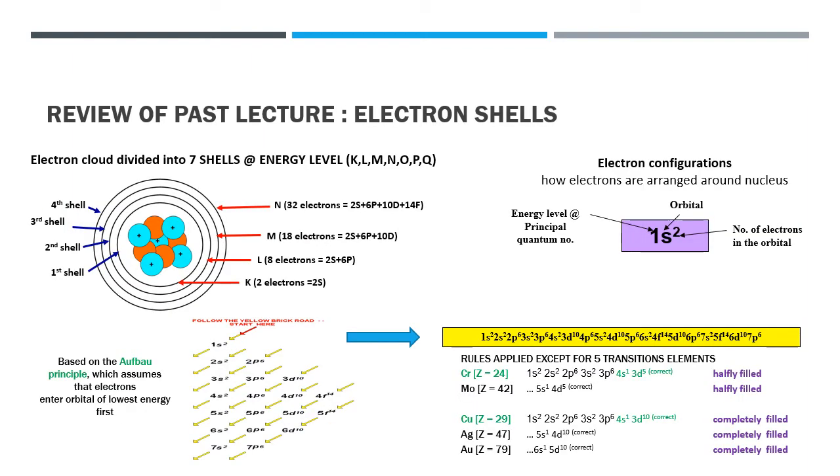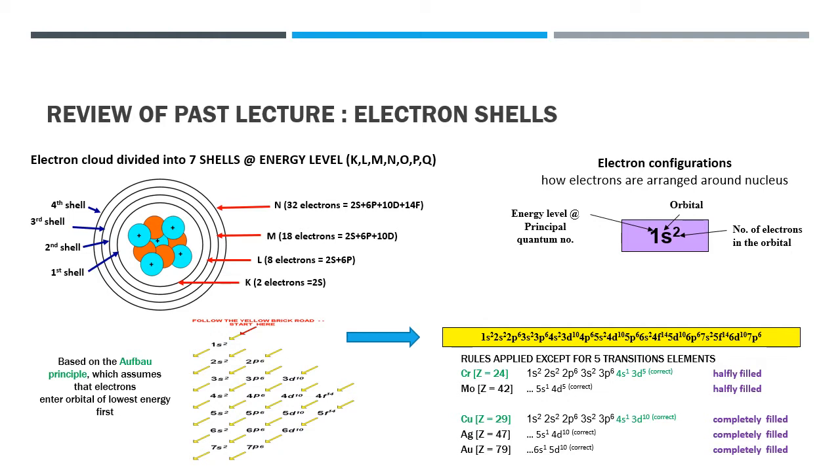We also learned about the electron shells. The electron cloud is divided into 7 shells or energy levels, which are K, L, M, N, O, P, and Q. In this chapter, we shall only focus up to the 4th shell. At the first shell, only 2 electrons are present, which is the s orbital.